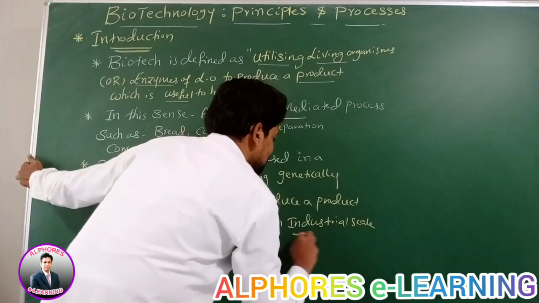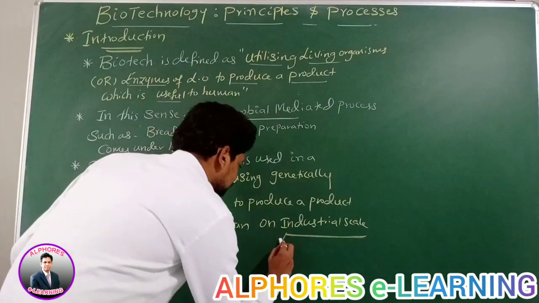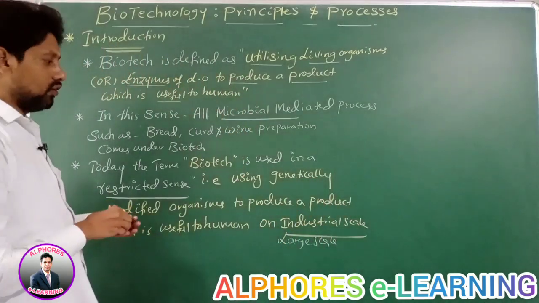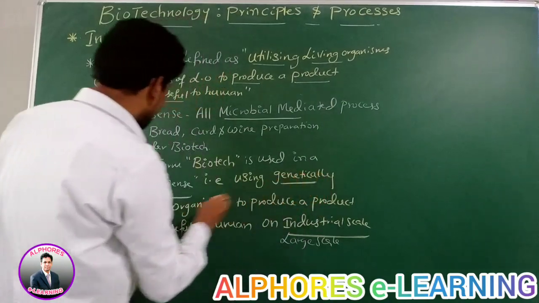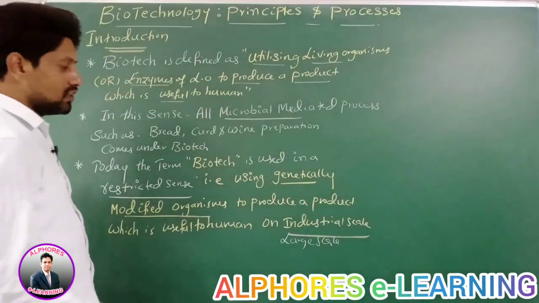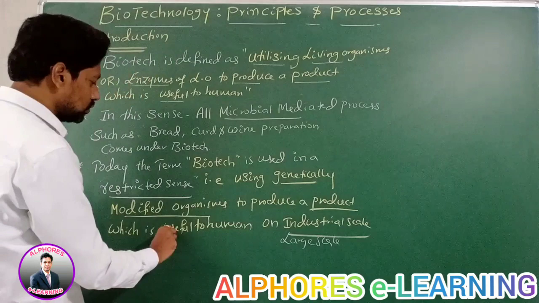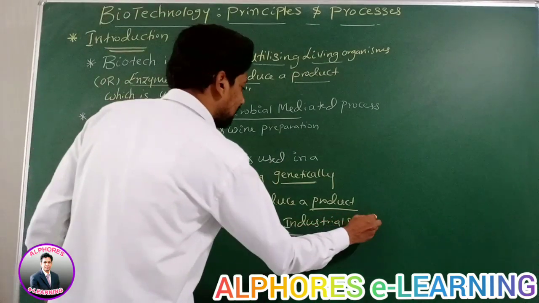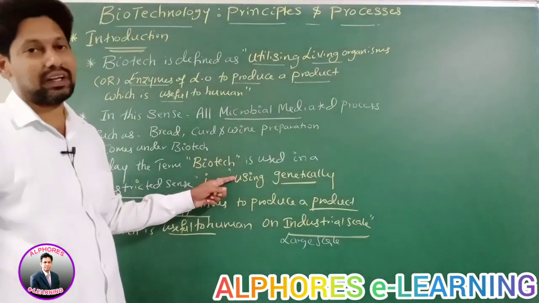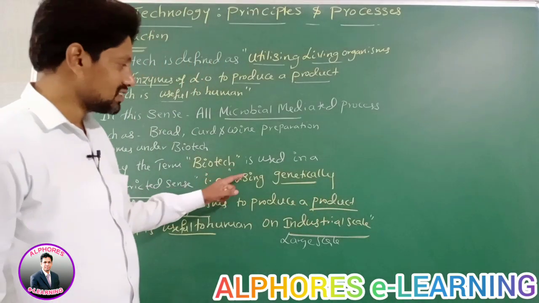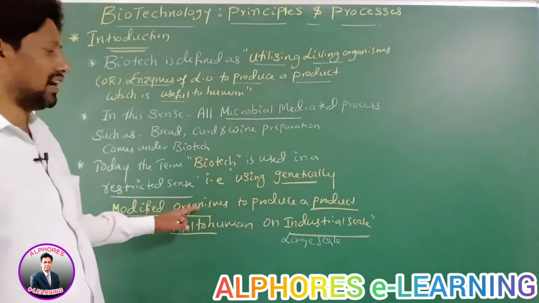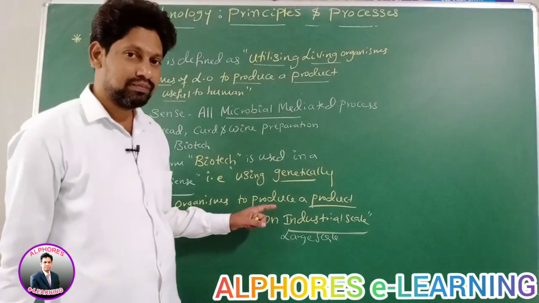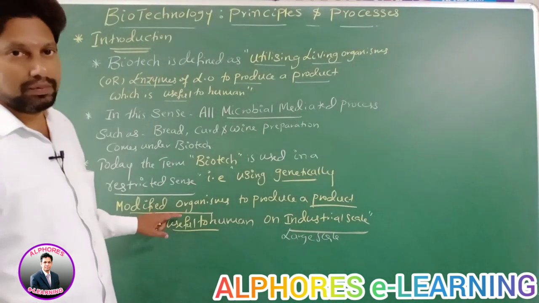What is the meaning of industrial scale? Large scale, large amounts. So at present, we are calling such a process biotechnology: the process which uses genetically modified organisms to produce a product which is useful to humans on industrial scale. Are these statements okay?